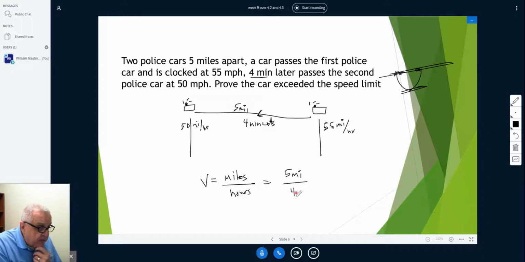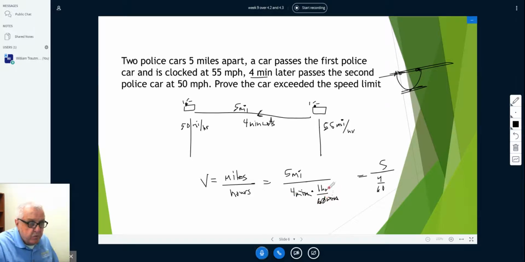Well, 4 minutes, if I want to change minutes to hours, I have to multiply by 1 hour divided by 60 minutes. Minutes cancel down here, and we end up with 5 over 4 divided by 60. You see, we end up with 4 over 60 on the bottom.